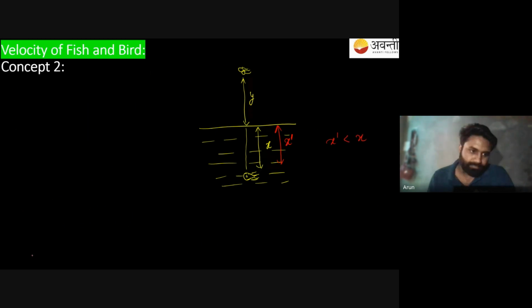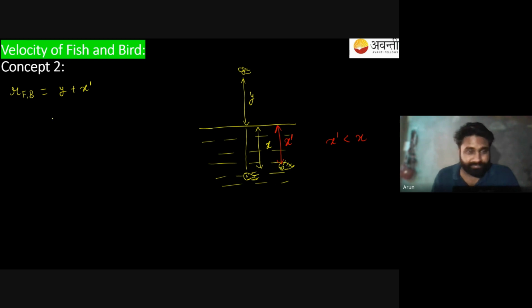From here, if I try to calculate the relative position of fish with respect to bird, it is nothing but y plus x dash. This is the relative position, because for the bird this fish would appear here, not at this point.